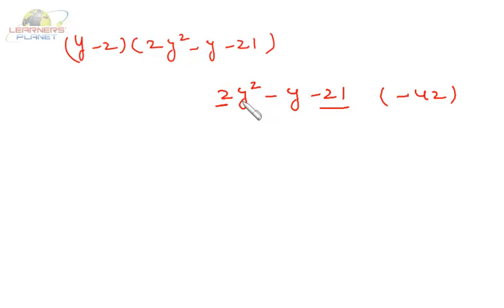Here the coefficient of y square is not 1. So whatever the coefficient of y square into the constant term, we have to find as the product of two numbers. That means the product of two numbers must be minus 42 and their sum must be minus 1. So this is product and this is sum.